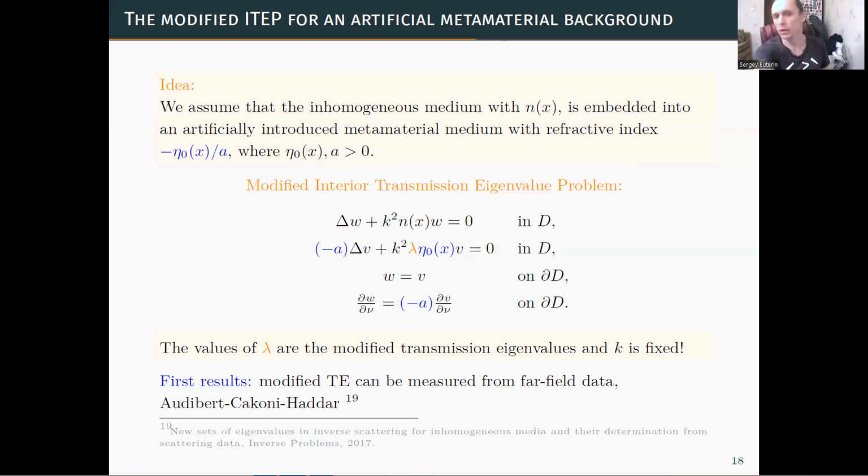But I'm not sure now. Maybe one should change the sign also in the first boundary condition on the last but one line. I'm not sure. In the classical situation, normal derivatives coincide, but here they have different signs.